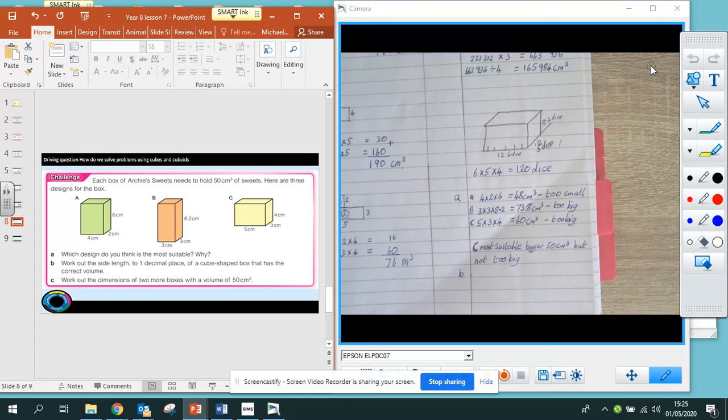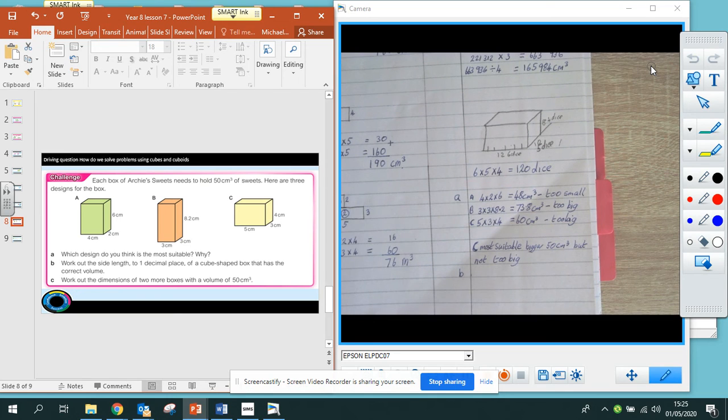So if we've got a square that has an area of 16 square centimeters, we find the length of the side by finding the square root of 16. And we know that the square root of 16 is 4.